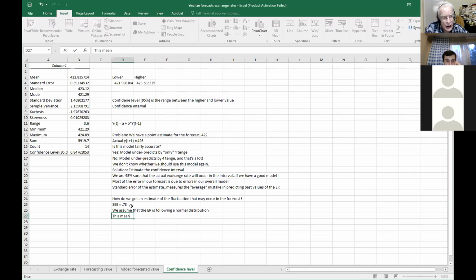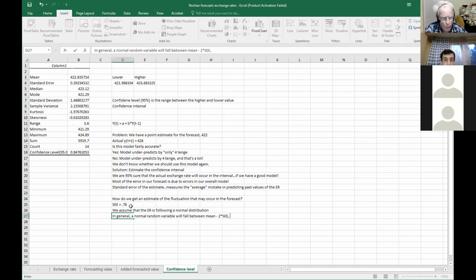So this means, we're going to put it this way. In general, a normal random variable will fall between the lower bound, which is the mean value, minus 2 times the standard error.